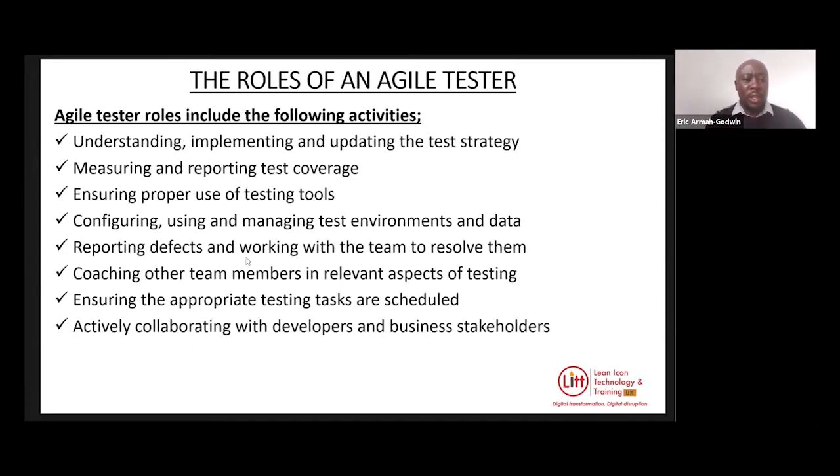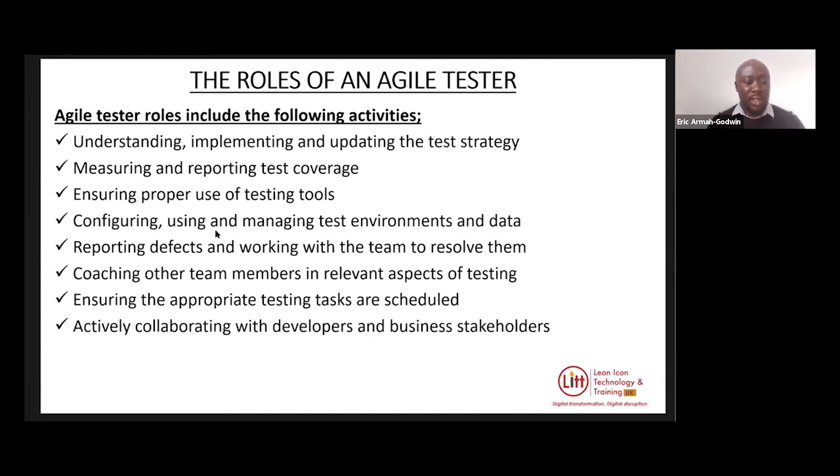So as a tester on an Agile team, you want to make sure that these are scheduled for the right time. I could tell you a story about that, but I think time won't allow us. But you can get into trouble as the test analyst on the team if these things are not done at the right time. You will be questioned.